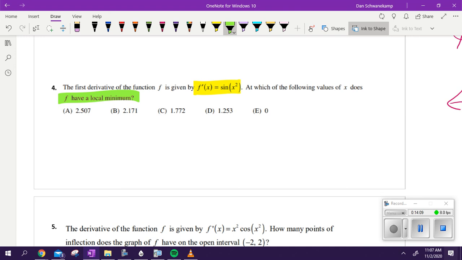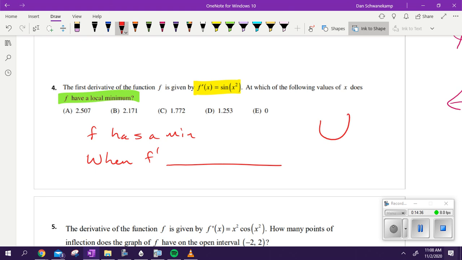Write it down. Okay? We want f to have a minimum. f has a minimum when f prime is blank. f prime does what? Everybody show me with your hand, what does a minimum look like? Minimum is this.